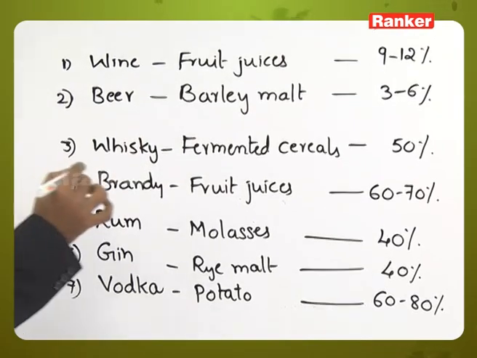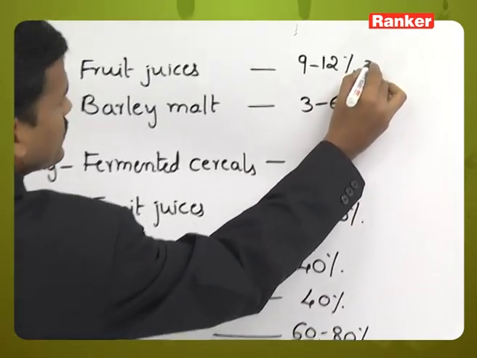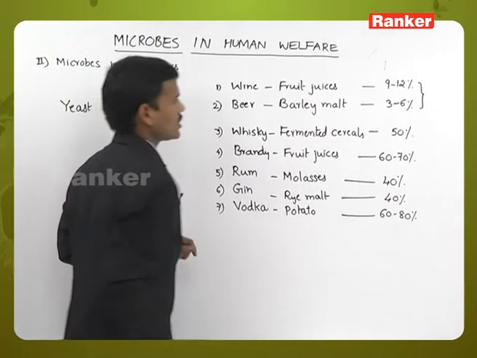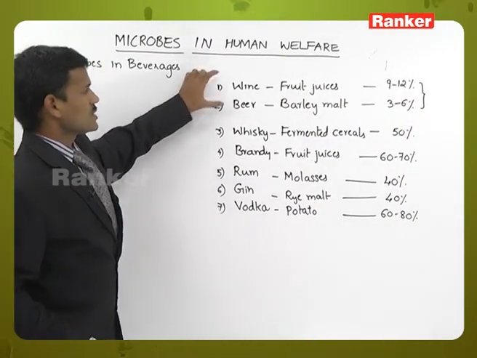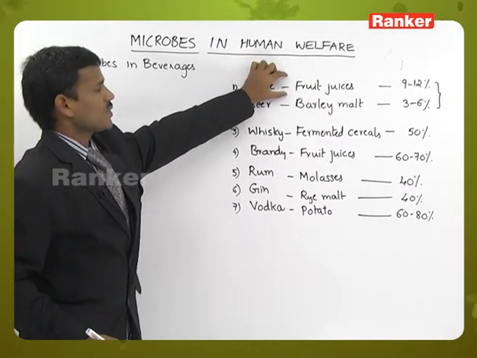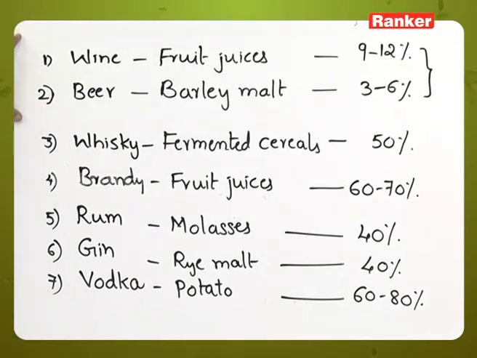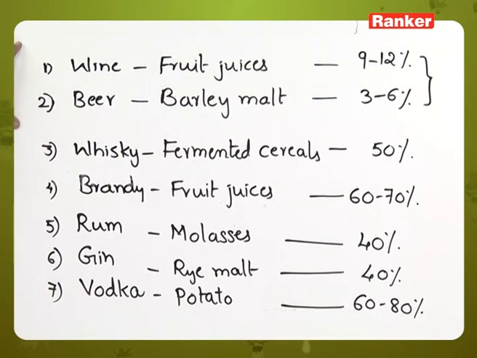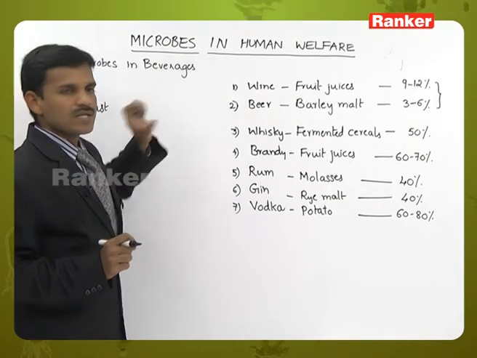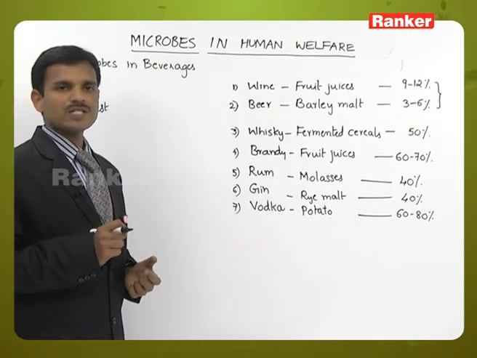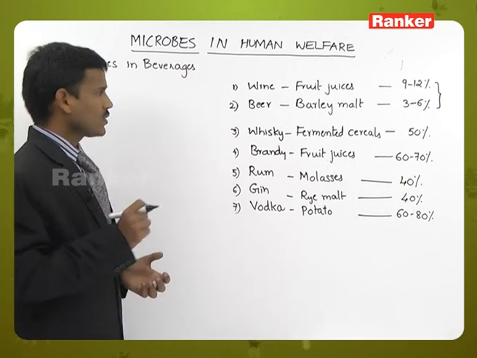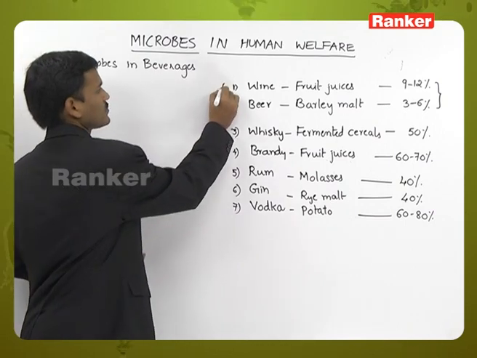Here the low concentrated alcohols are wine and beer. These are fermented from fruit juices and barley malt. So these have a very low alcohol percentage. Why? Because these are made without the distillation method.